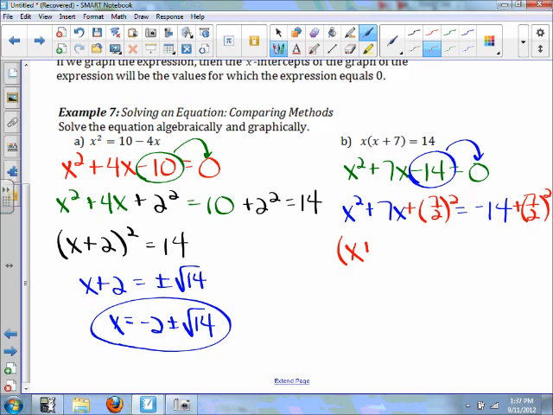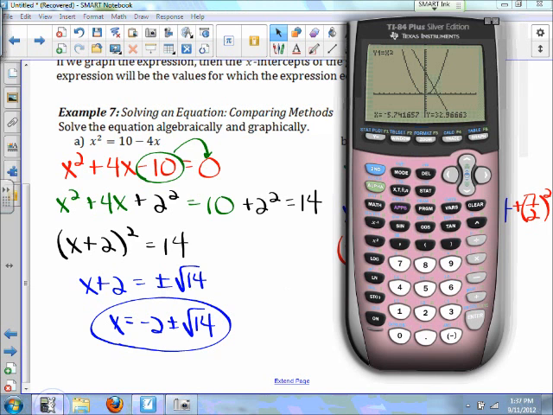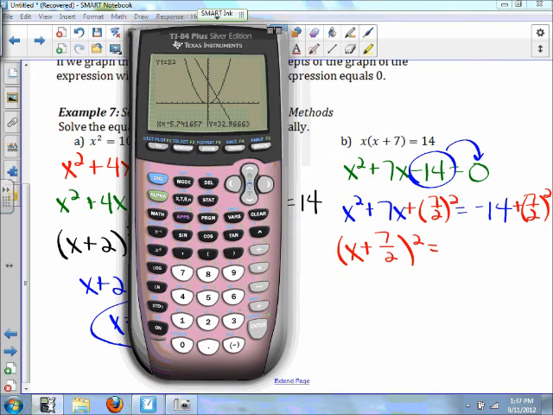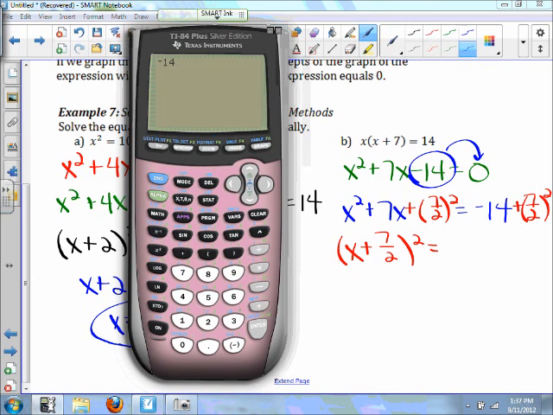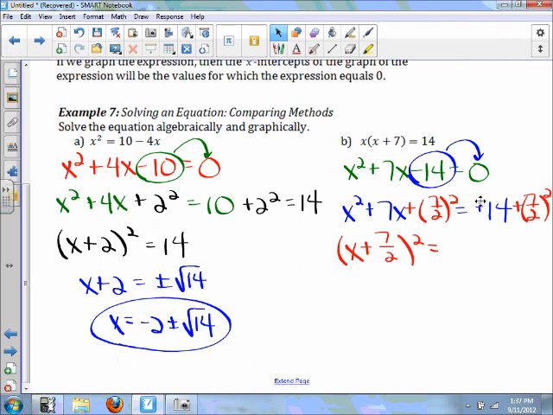So when you factor, we'll have x plus 7 over 2 squared. Now we're going to do 14 plus 7/2 squared. Oops, sorry, it should be positive 14, not negative.